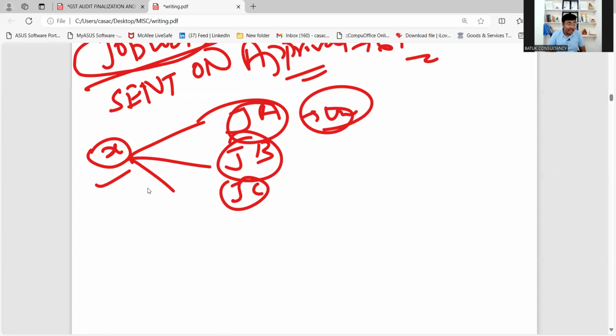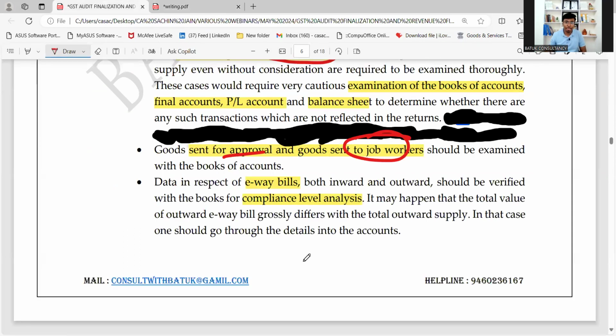And if that is not the case, then whatever goods are transferred to the job worker are treated as sales, treated as supply, and GST will be applicable. Accordingly, we need to be very careful. So this is the important point from job work and goods sent on approval basis, and we also need to confirm the same from the books of accounts, from the financial statement.